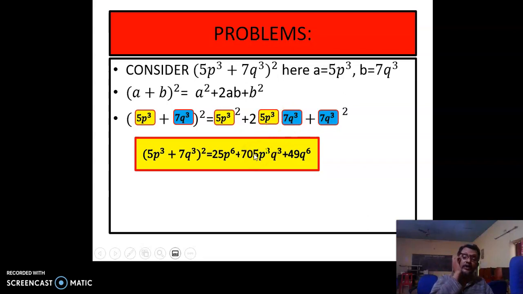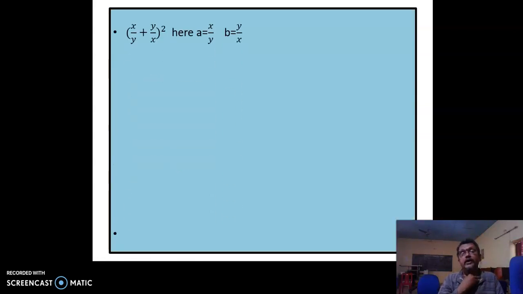Okay. So 7 into 7, 49, so 49 q cube squared. Therefore 5p cube plus 7q cube whole squared equals 25p to the power 6 plus 70 p cube q cube plus 49 q to the power 6. This is the answer.